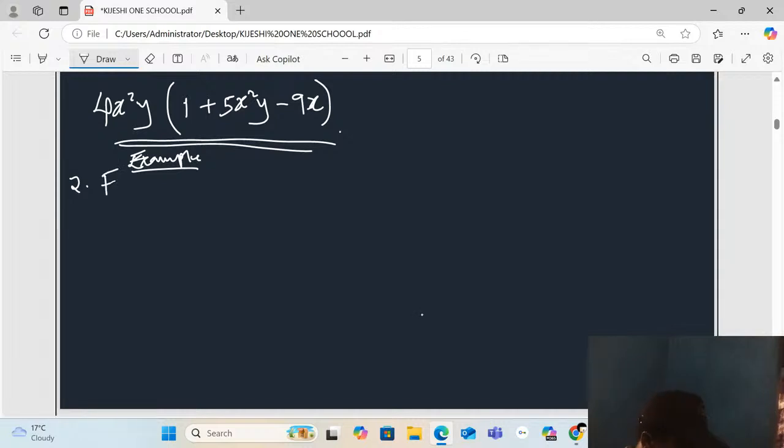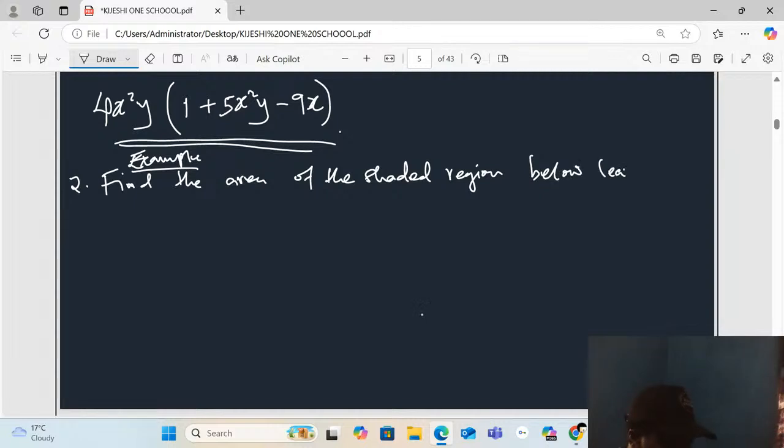Now, find the area of the shaded region below, leaving your answer in terms of pi. In terms of pi.